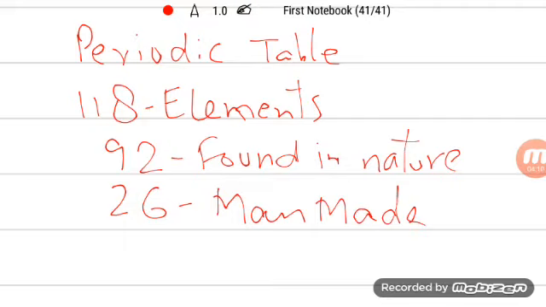This is a symbol only, not their expanded name. Such elements are man-made, and their names are given in the name of the scientist himself, or in the name of certain cities.